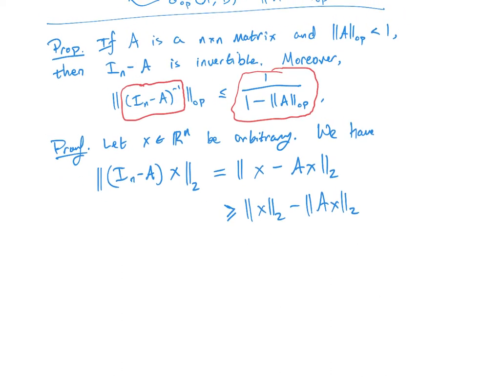Now, why do we not need an absolute value on that? Think about it. The absolute value only makes the inequality better. So by not putting the absolute value on it, we're making the inequality worse, which we are allowed to do. We're actually giving something up. And you look at our hypothesis, the operator norm of A is less than 1.